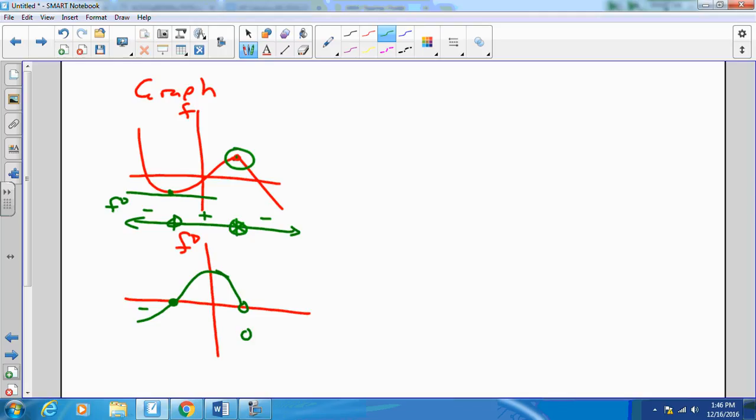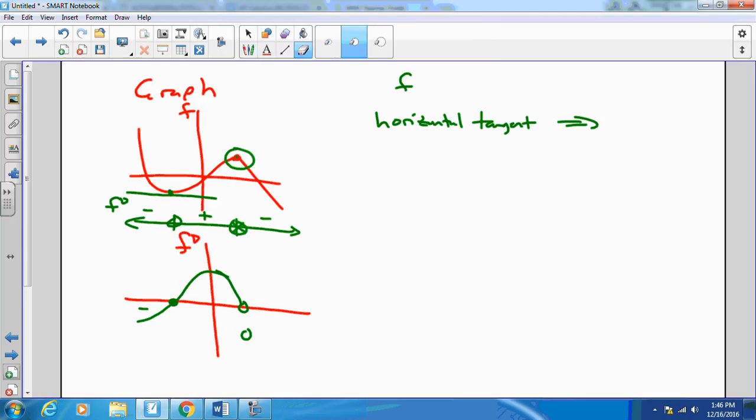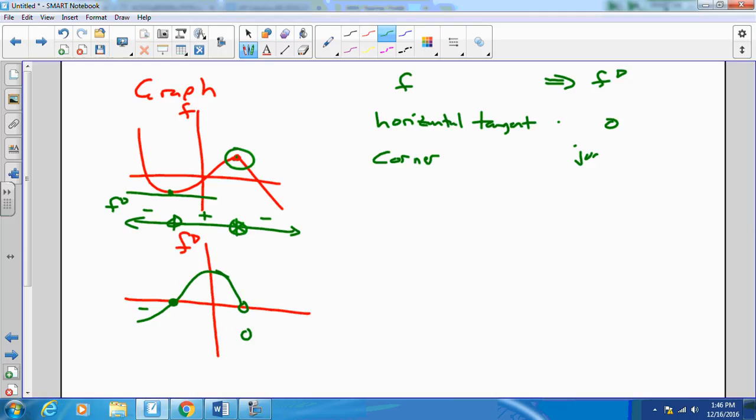In fact, let's lay those features out. If f has a horizontal tangent, then f prime will be 0. If f has a corner, then f prime has a jump discontinuity.